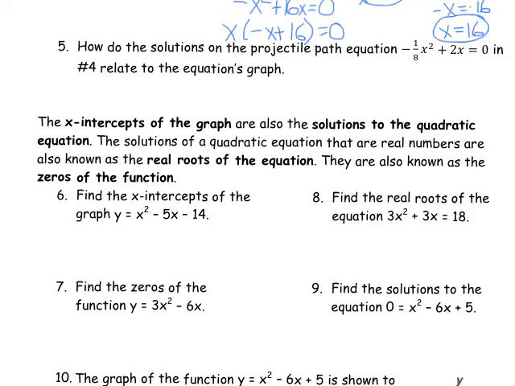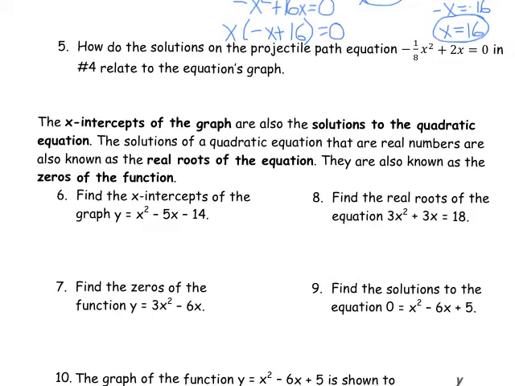What was 0 about the coordinates that we wrote up on number 3? The y. That's why we call them zeros. We call them zeros because y is 0. So anytime it asks you to find solutions, you should automatically think I need to plug a 0 in for y, factor and solve.